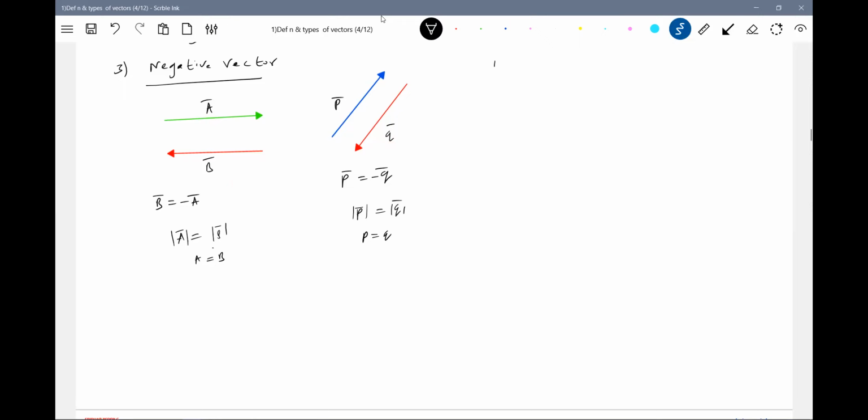The next one will define the null vector. So here, what is a null vector? Whose magnitude is 0 and direction is unspecified.